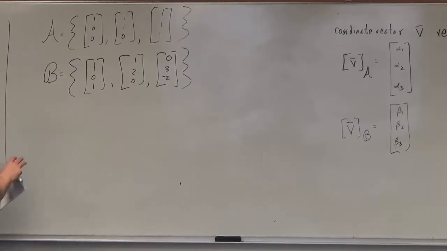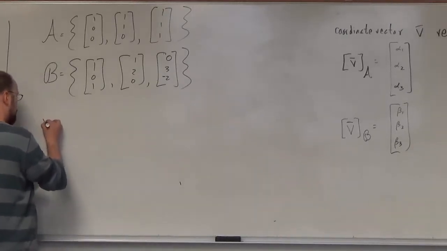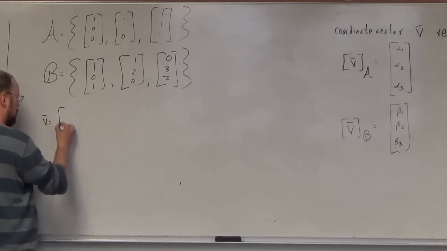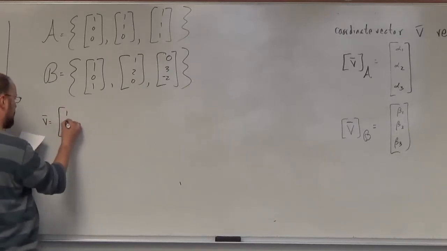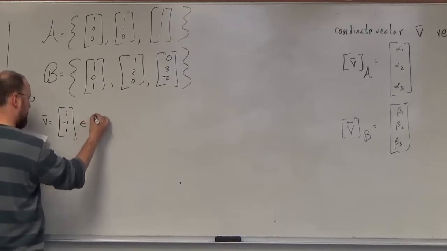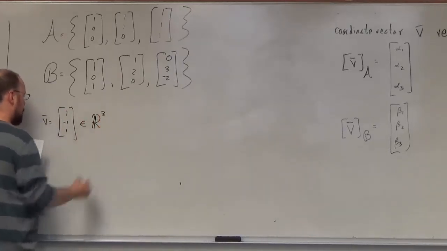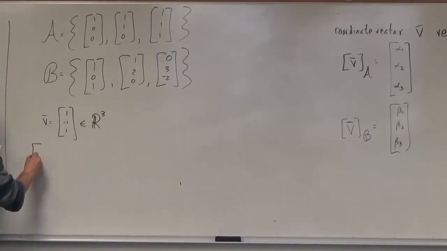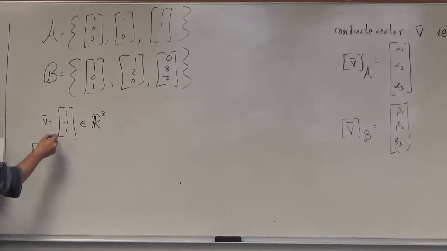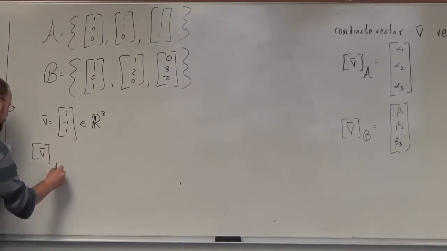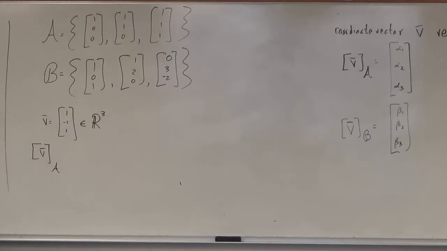So suppose you take a vector in R3, right? So this is a vector in R3, and it's the vector 1, negative 1, 1. What is the coordinate vector of this vector relative to basis A? How would we find it?